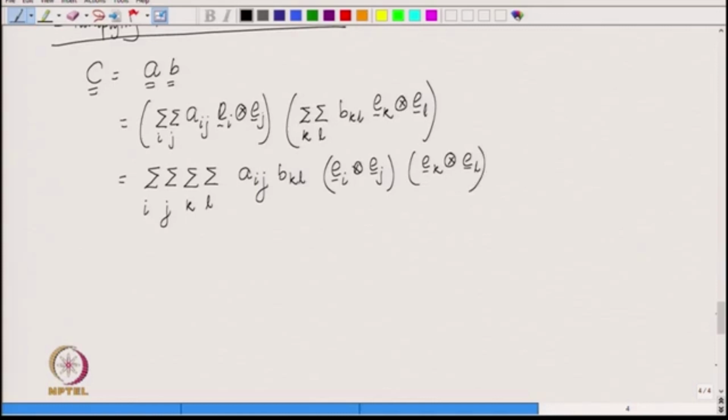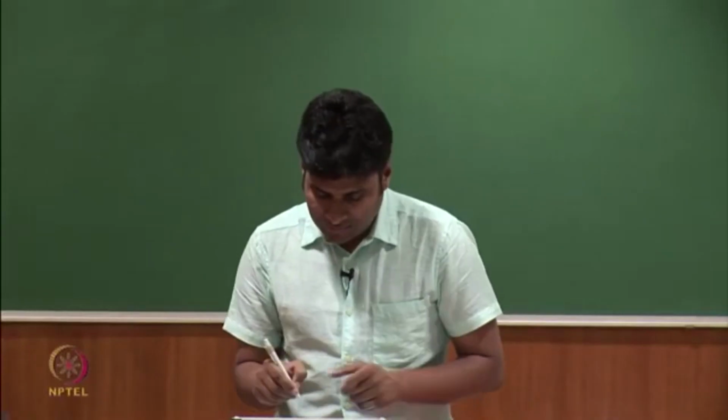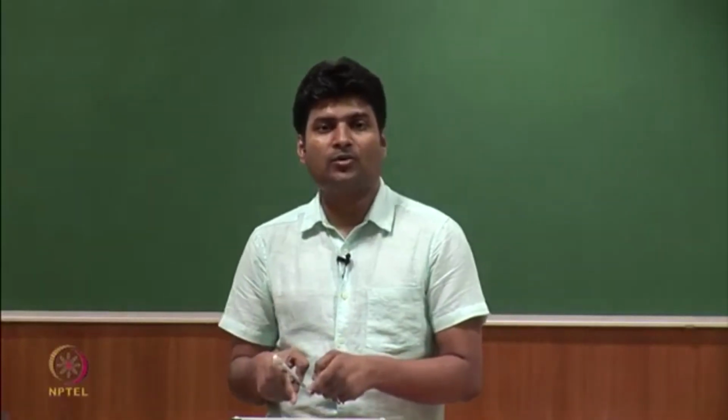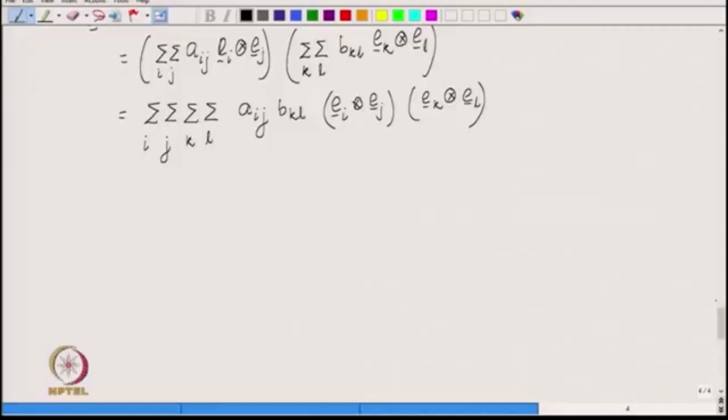So, this multiplication has to be done such that the inner vectors that you have, you take the dot product of the inner vectors. Okay. Dot product of the inner vectors, which are e_j and e_k here. And let us see what we get. So, you simply have delta_jk, right.